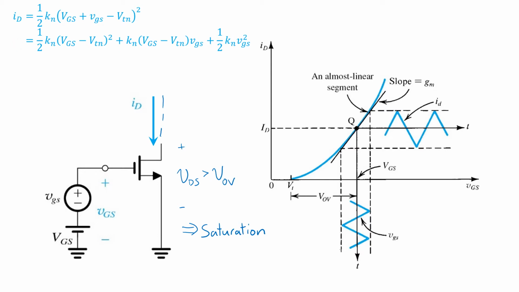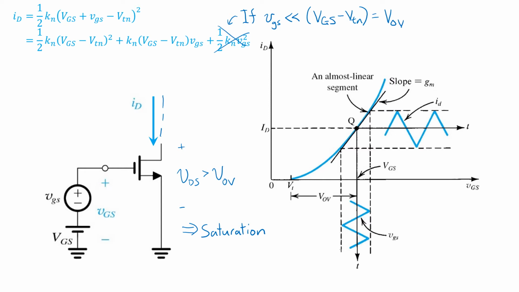Now a key point is that if we can assume that the small signal all lowercase vgs is quite a bit smaller than the term all uppercase VGS minus VTN, that is the operating point overdrive voltage, all uppercase VOV, then in such cases this third term will be negligible compared to the second term.